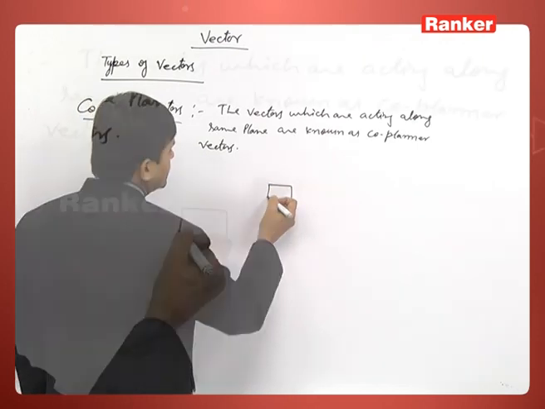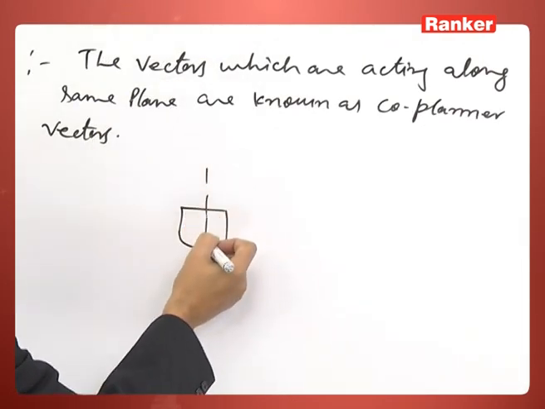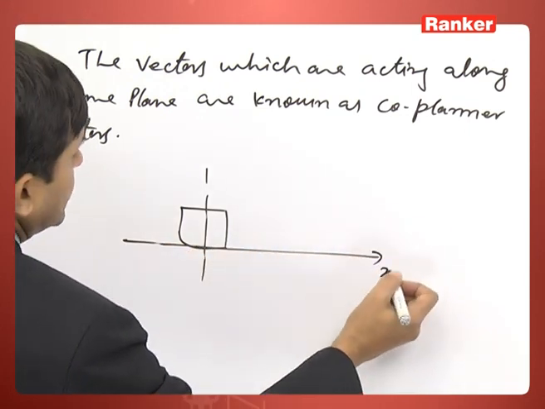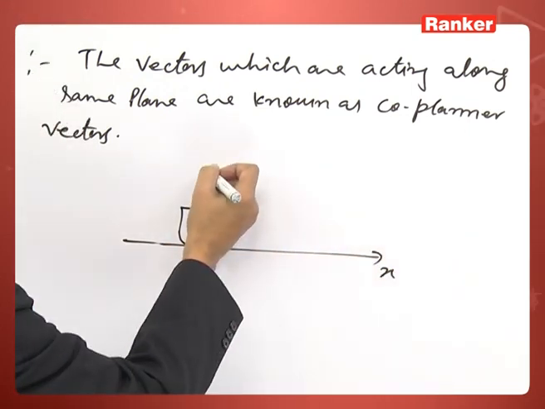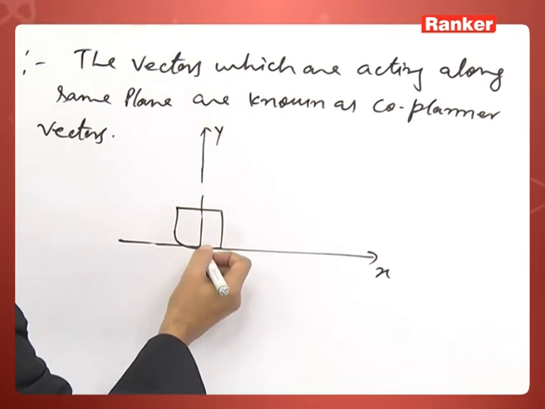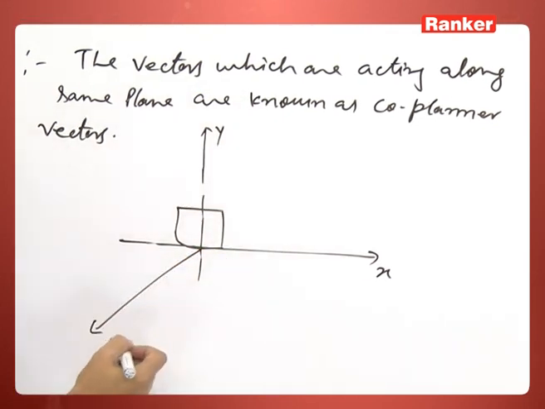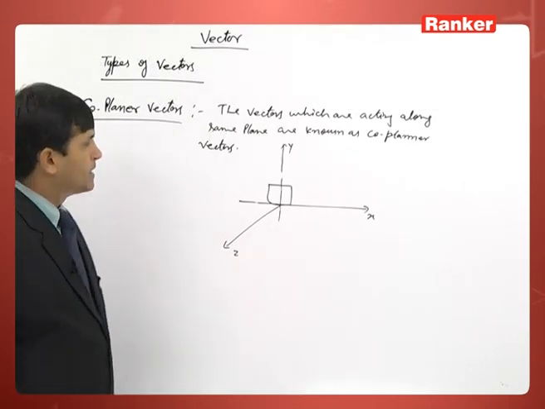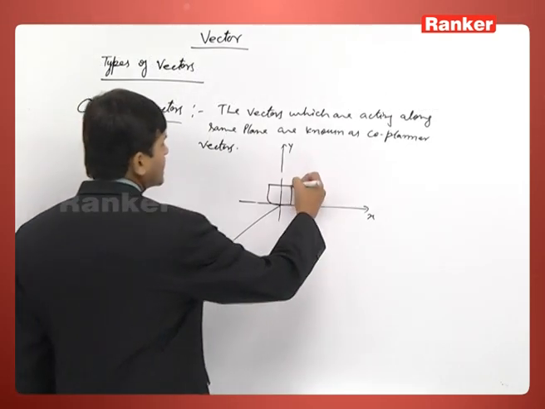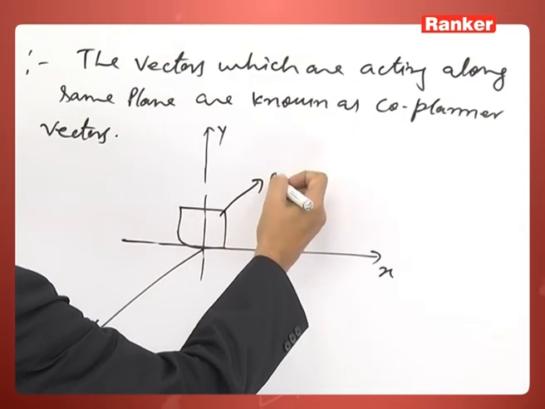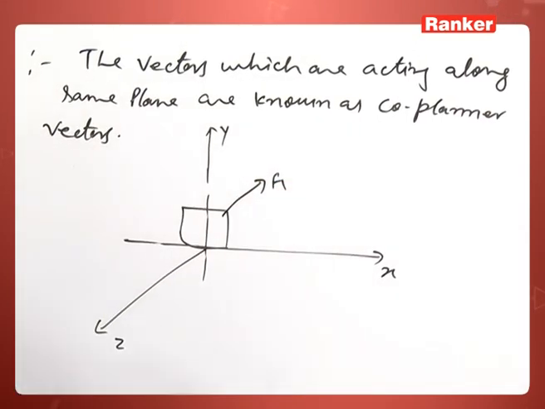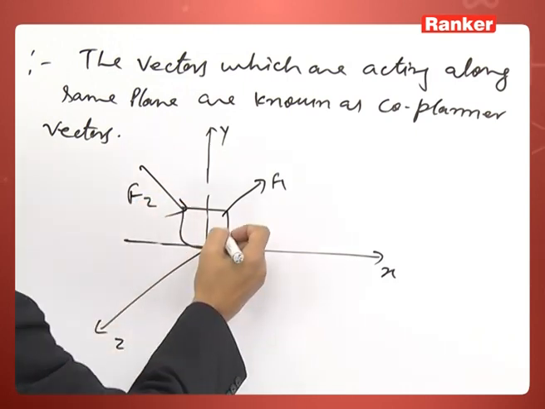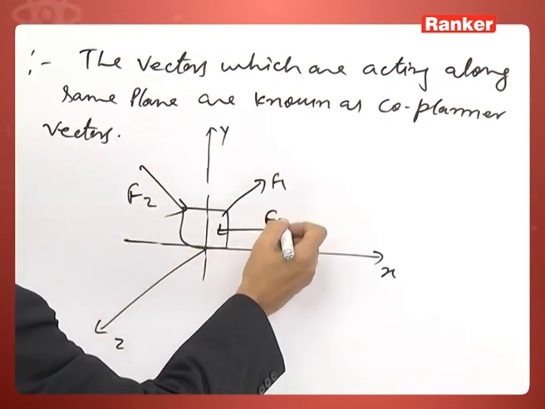For example, suppose this is a body kept like this. Let this be your x axis, this your y axis, and this your z axis. Our body is kept in the xy plane. One force F1 acts in this direction, another force F2 in this direction, and a third force, F3, may be here.